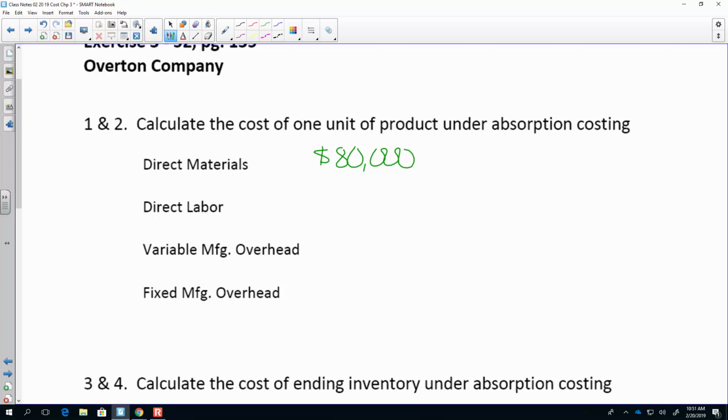So we've got to take each of these amounts. What number am I dividing by? The 20,000, right?